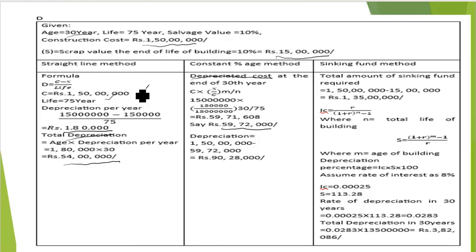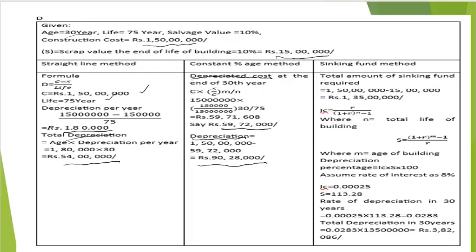So it is the depreciated cost. But he has asked you to find the depreciation. So what will be the depreciation? It will be original cost minus depreciated cost: 1 crore 50 lakh minus 59 lakh 72,000. So 90 lakh 28,000 is the depreciation.